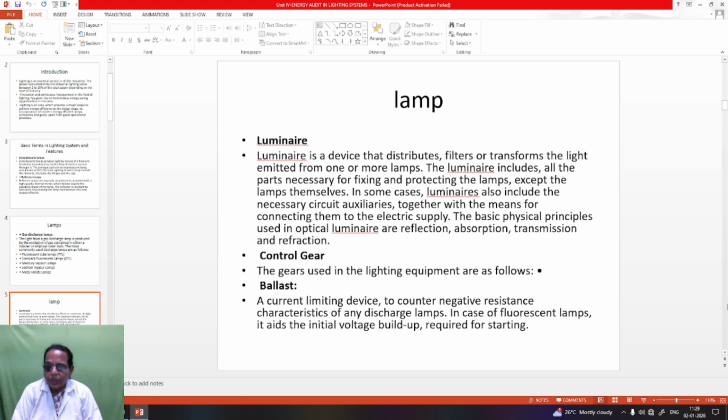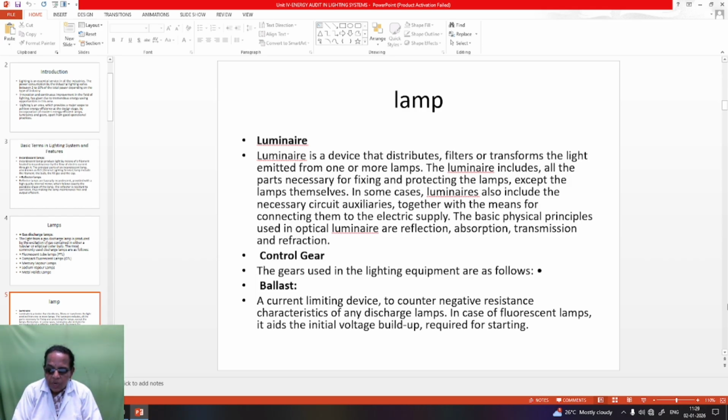Luminaires also include the necessary circuit auxiliaries together with the means for connecting them to the electric supply. The basic physical principles used in optical luminaires are reflection, absorption, transmission and refraction.